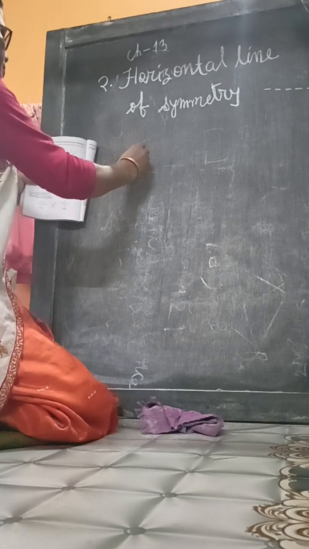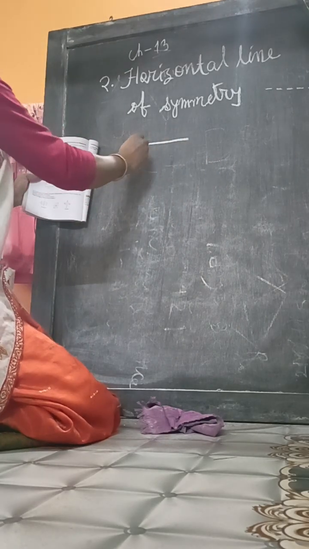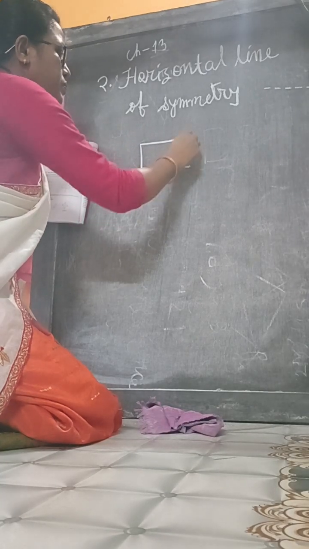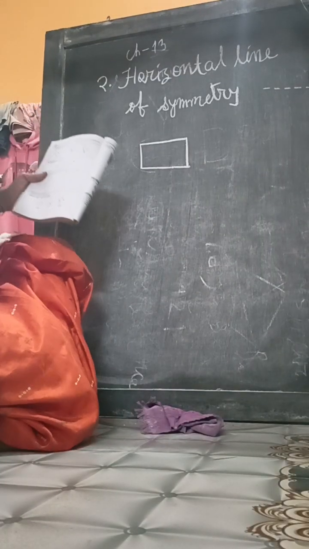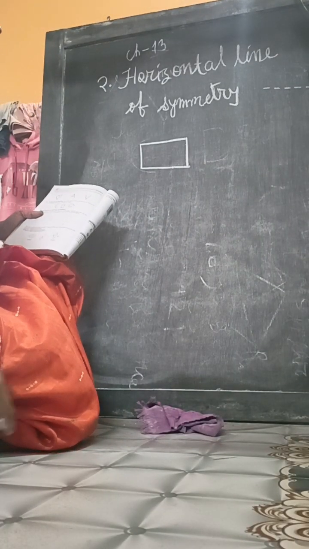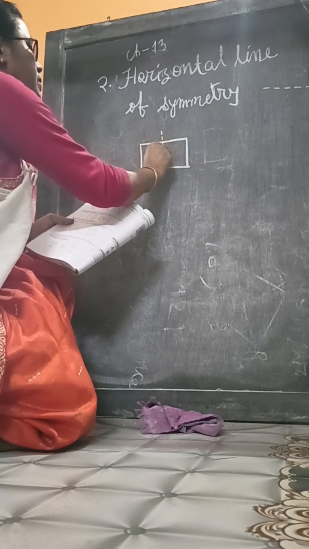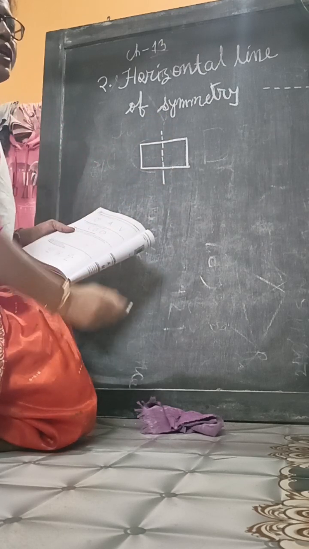Here we draw a rectangle. Have you drawn it or not, students? Now first draw a line of symmetry. What is its name? It is vertical.